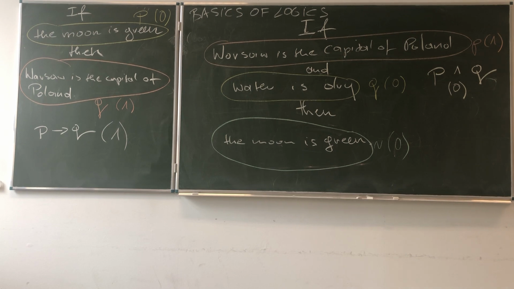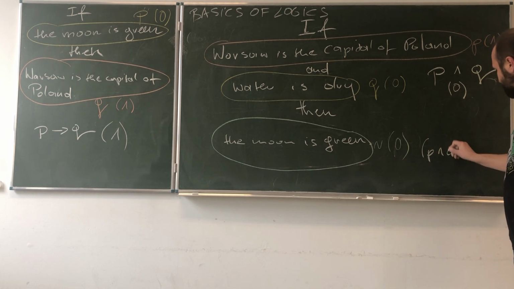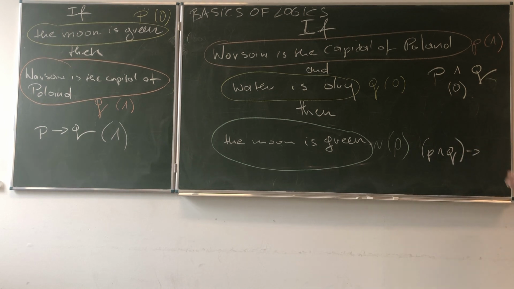Now, we can write this entire sentence in the form of P and Q implies R. Now, we know that P and Q is 0, R is 0.